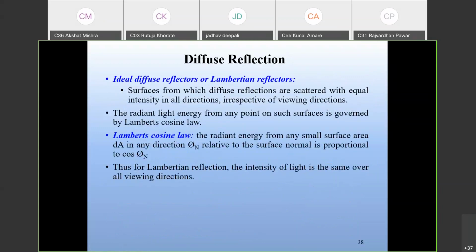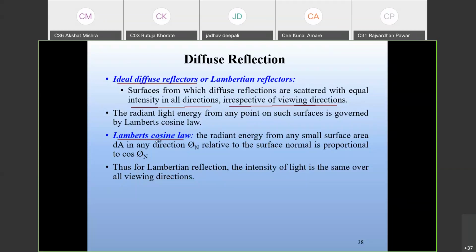We call it an ideal diffuse reflector, or Lambertian reflector, when the surface scatters diffuse reflections with equal intensity in all directions, irrespective of viewing direction. For that, Lambert's cosine law is used to find the intensity.